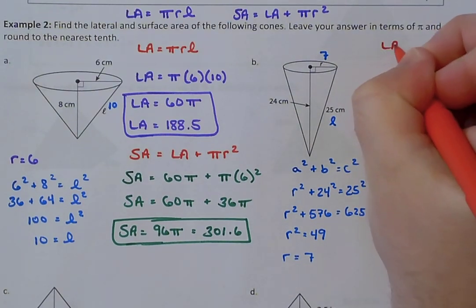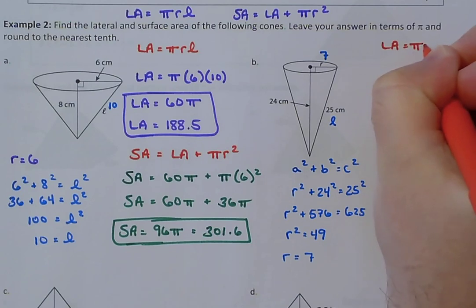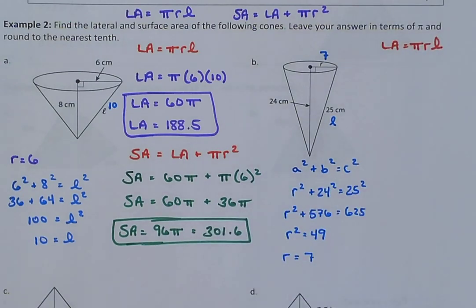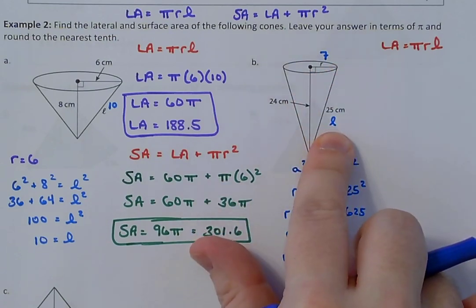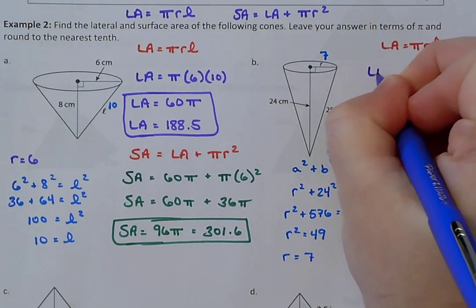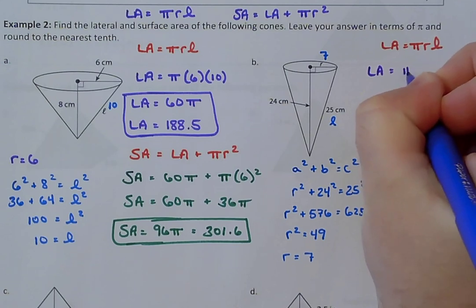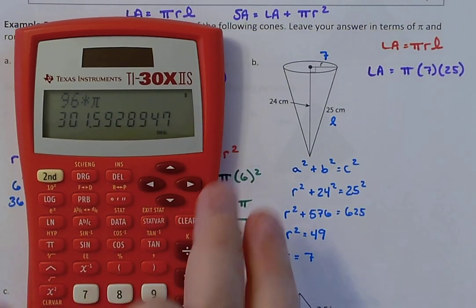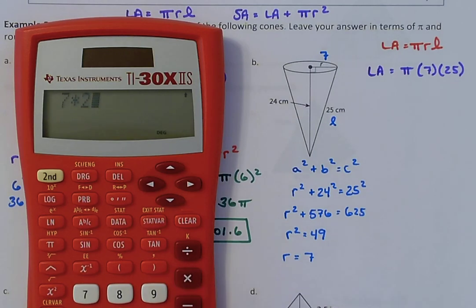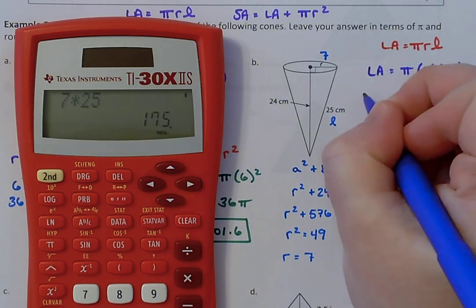So, lateral area is pi r L. We know our radius to be 7 and our slant height to be 25. So this is going to be pi times 7 times 25. If we do 7 times 25, we get 175.